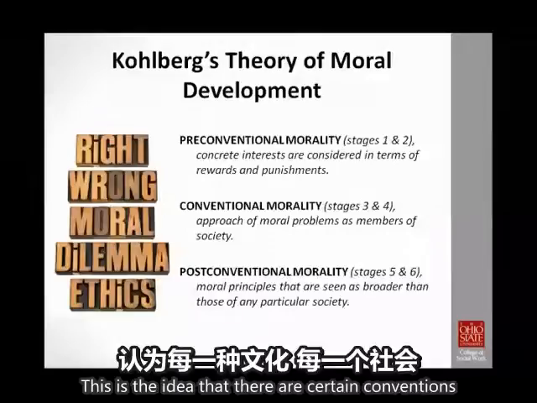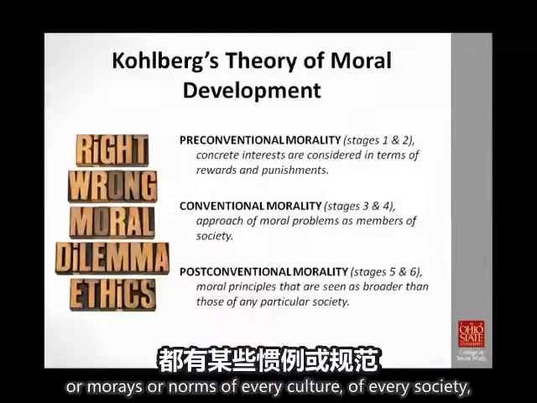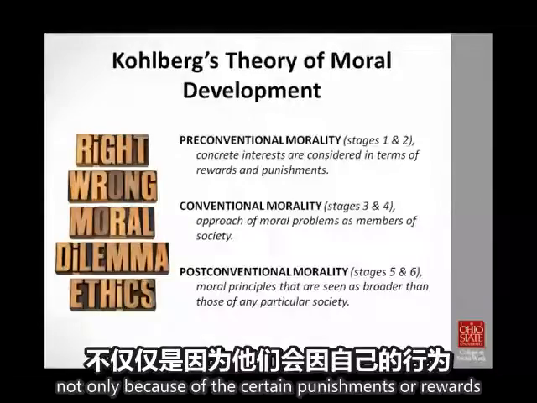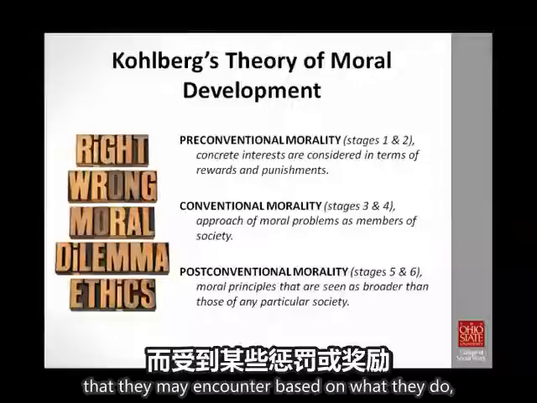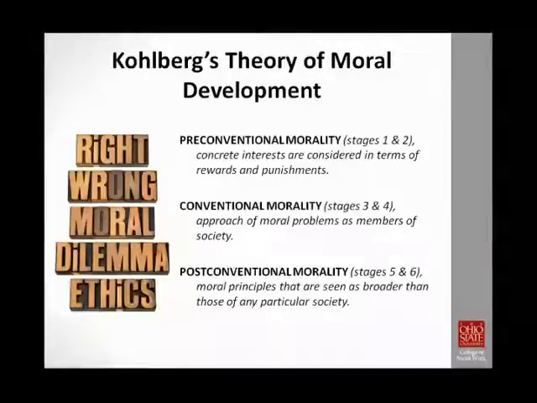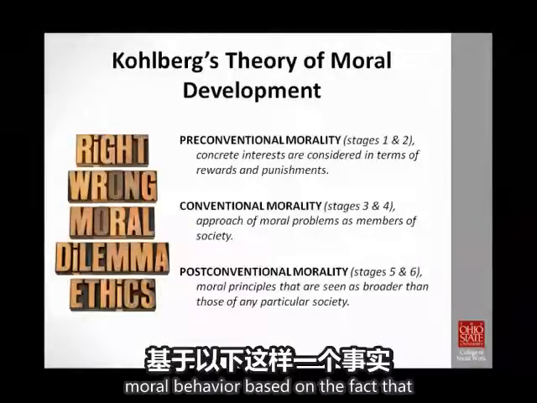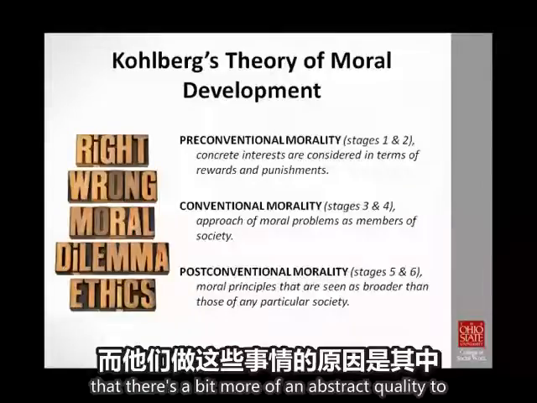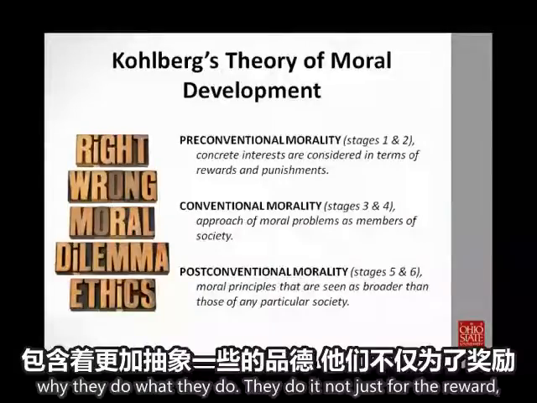This is the idea that there are certain conventions or mores or norms of every culture, of every society, and people engage in right or wrong behavior not only because of the certain punishments or rewards that they may encounter based on what they do, but they also now begin to participate or engage in moral behavior based on the fact that they understand that these are the norms of a society, that there's a bit more of an abstract quality to why they do what they do.